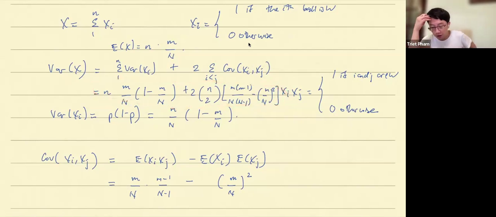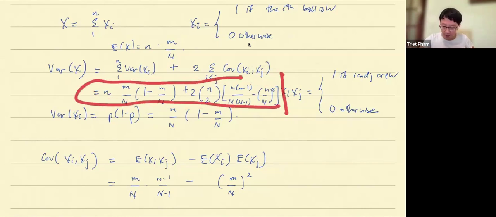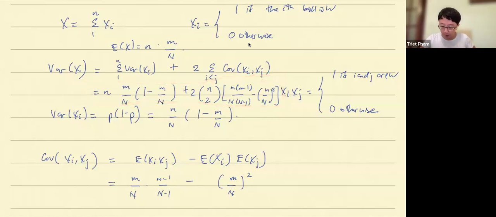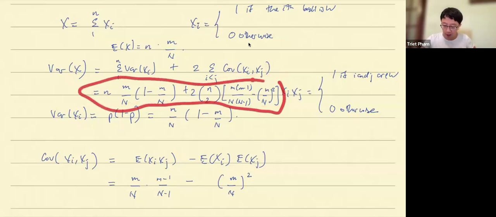Notice it's not exactly the expression in a textbook for the variance of a hypergeometric. Why? Because they would go ahead and clean up this formula some more to give you a nice expression. But the essence of the calculation is here.